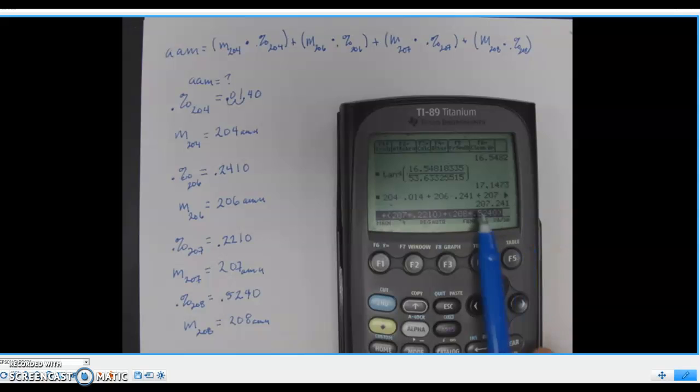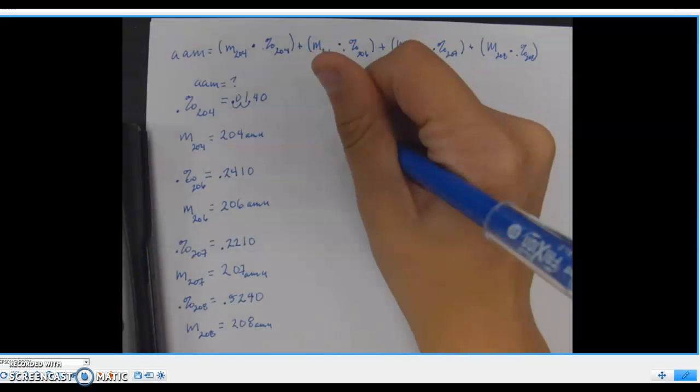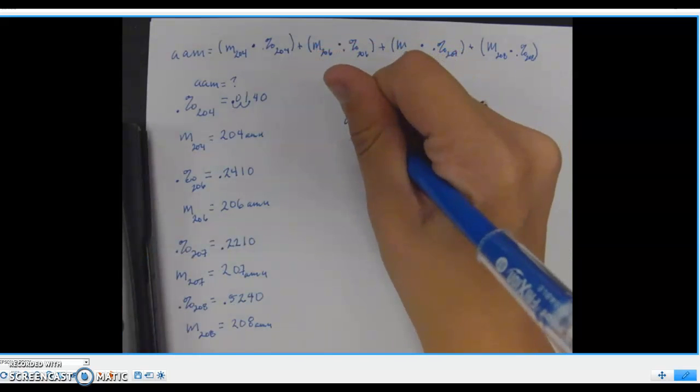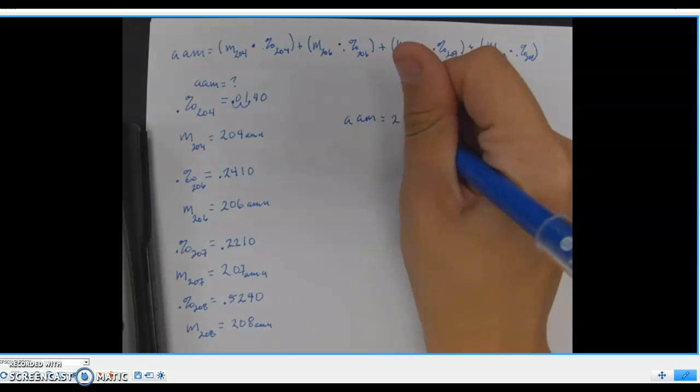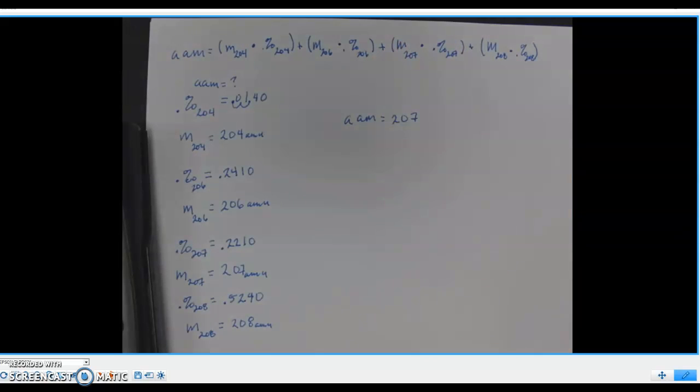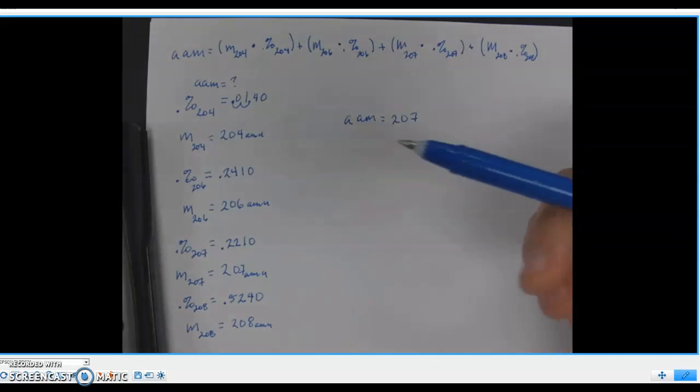So we're going to go with 3 sig figs, so it'll round to 207. So my final answer for average atomic mass would be 207. What's my units though?